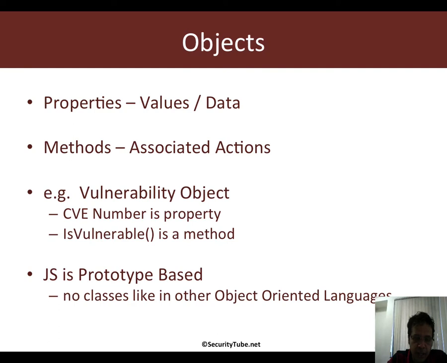So we could define a vulnerability object in which the CVE number can be a property, the plain text description can be again a property or really data, and then we can define a function inside, which would be the method called isVulnerable, which checks if the current page is vulnerable or not. It is important to note here that JavaScript is a prototype based language, and unlike other object-oriented languages, does not need you to define classes.